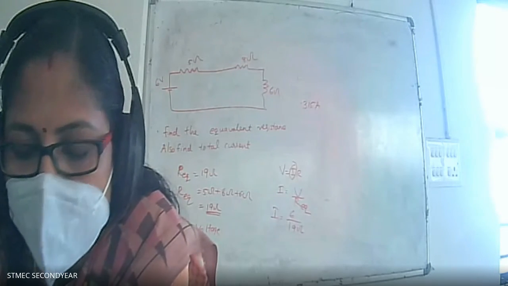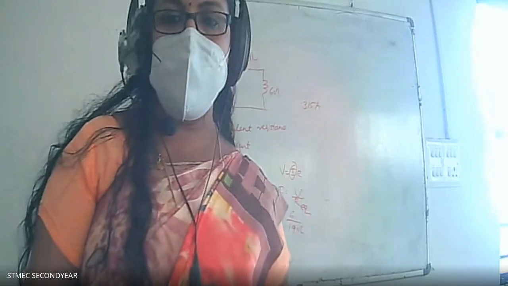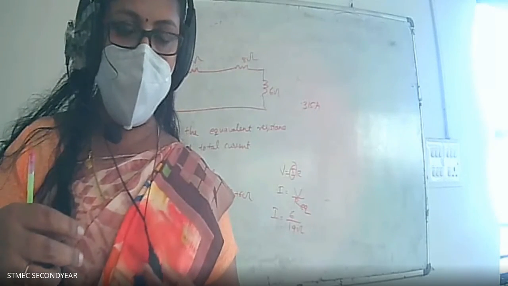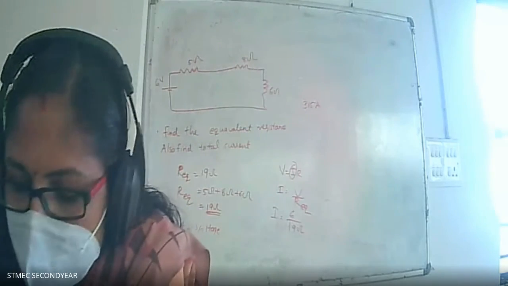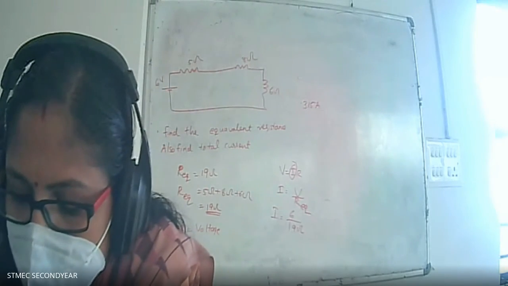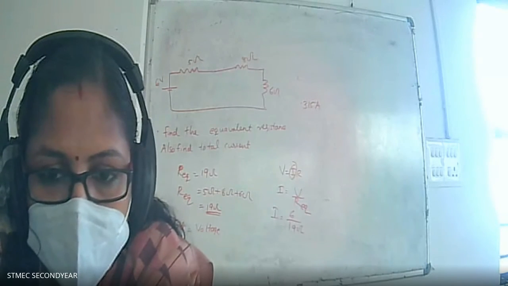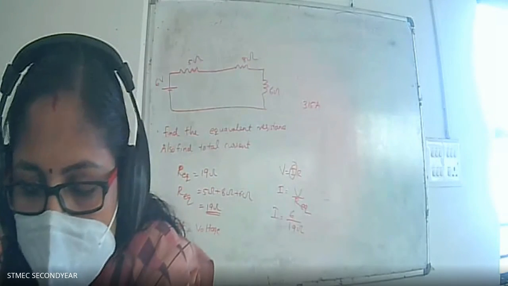Actually, miss, I'm not able to hear your voice. You can type present, text it, then only I can take the attendance. I think you are not audible. Roll number 3, okay. Anugrah. Roll number 4. Present, miss. Who is roll number 4? I think it is absent.